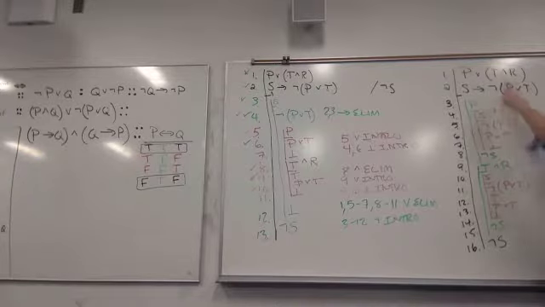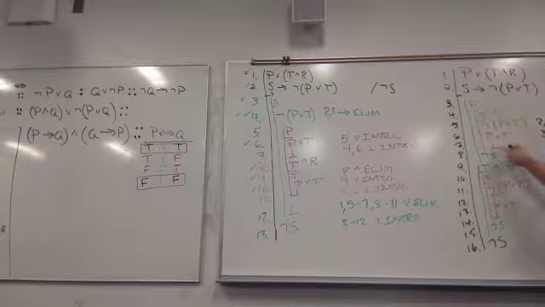Given, they're all assumptions. Line 5 comes from 2 and 4, conditional elim. Line 6 comes from 3, disjunction intro. Line 7 comes from 5 and 6, contradiction intro. Line 8 comes from 4 through 7, negation intro.